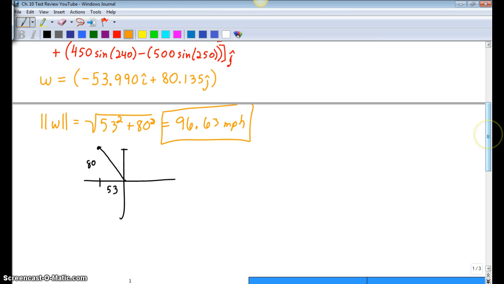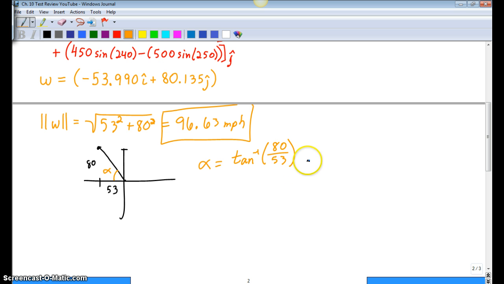So again, we're just going to find this theta. Actually, I'm going to call it alpha. Alpha is tangent inverse of the 80 over the 53. And to find the actual direction, theta, of W, our vector puts us here. The direction itself is going to be from north. So I have to go 180, 270, 270 plus alpha.